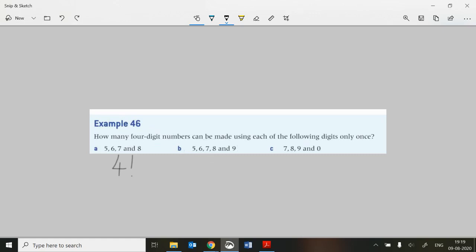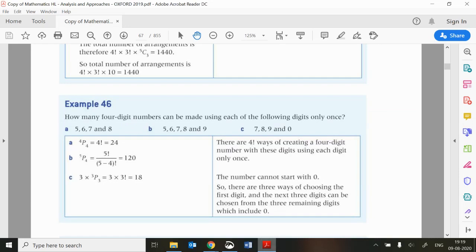How many 4-digit numbers can be made of this? Out of these 5 digits, well, we've still got 4 spaces for them to go into. So we have a choice of 5 to go into this one, 4 to go into the next one, 3 to go into the next one, and 2 to go into the next one. Check that I've got that one right.